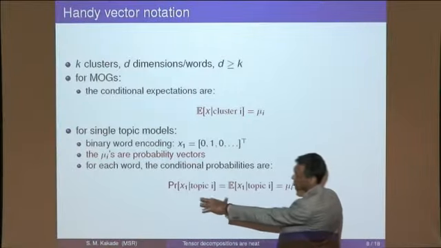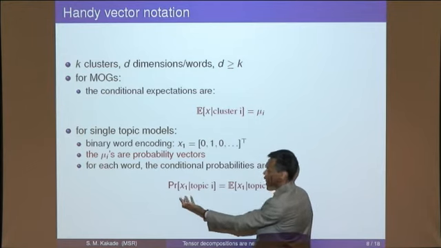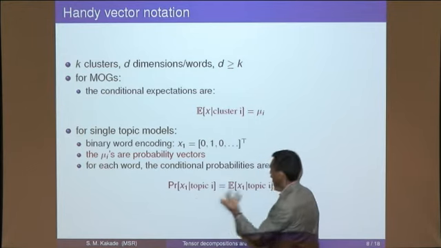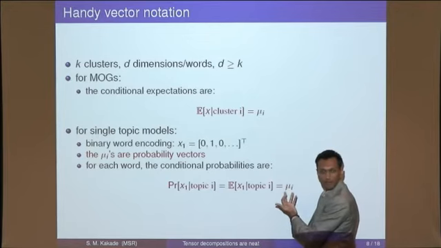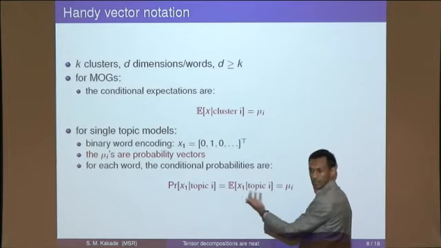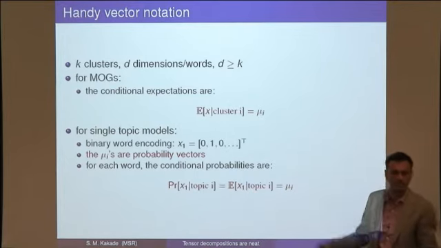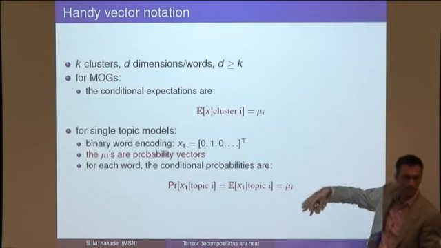So these are d-length vectors which sum to 1. And then we can think of the probability of any given word, given that we're from topic I, as being mu I. So this is just the expected value of a word given topic, and this is just mu I. This is why vector notation is handy, because it kind of keeps things on the same footing.